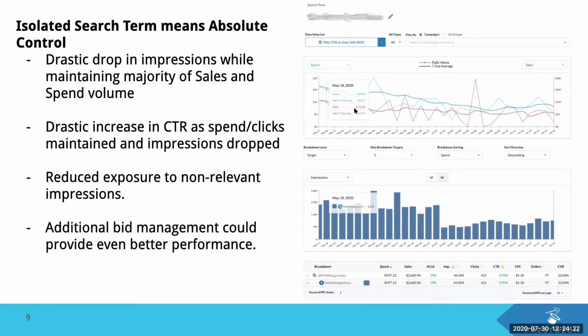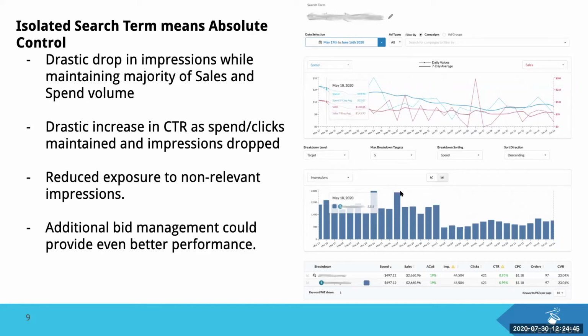In this case, we're also looking at sales, which you can see in the drop-down on the right-hand side, with the darker pink being your sales versus the lighter pink being your sales 7-day average. So we're always doing a comparison so you can see how your performance at this moment compares to the 7-day rolling average.